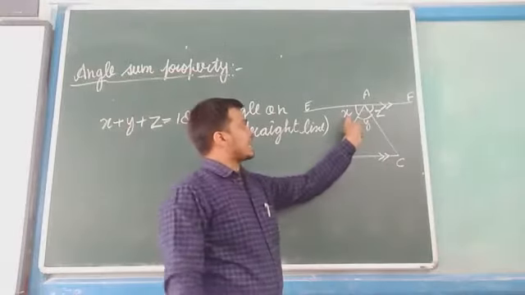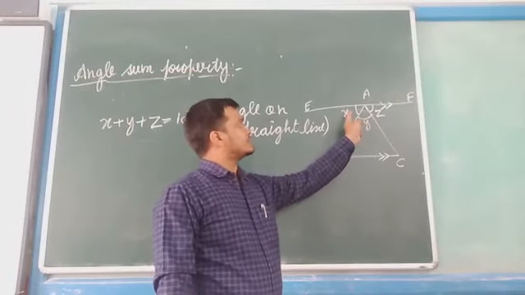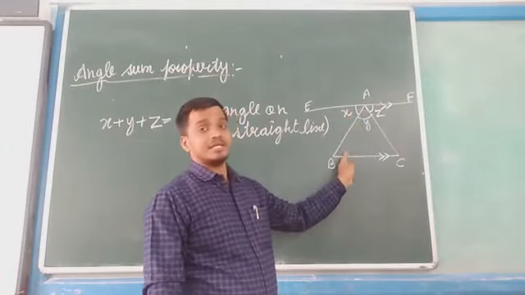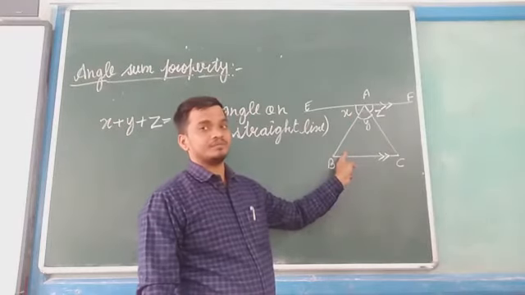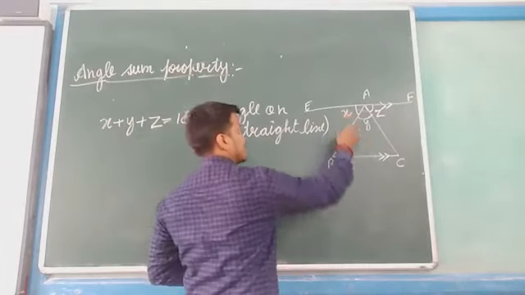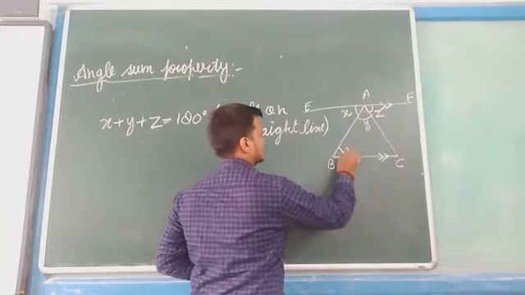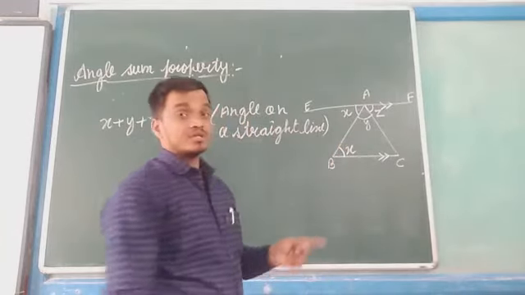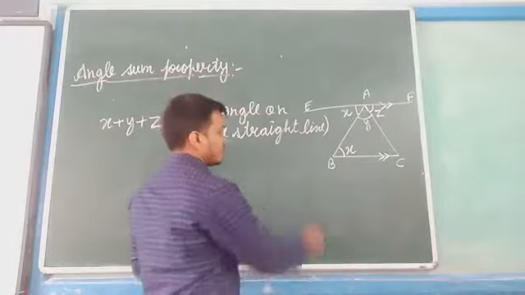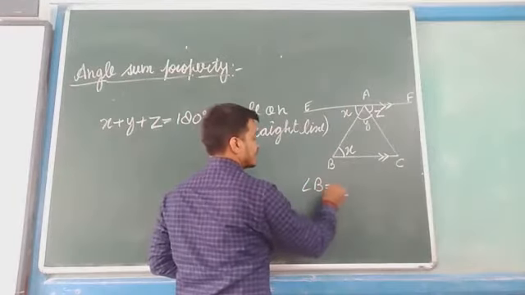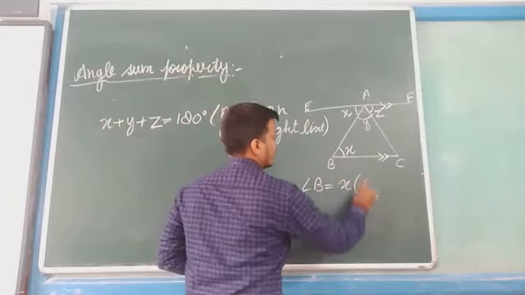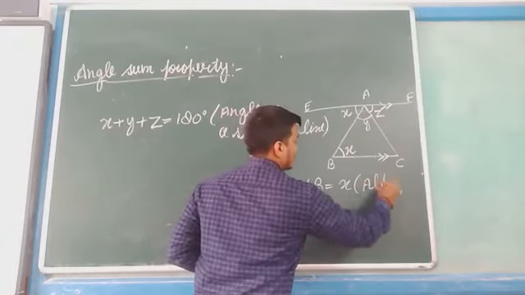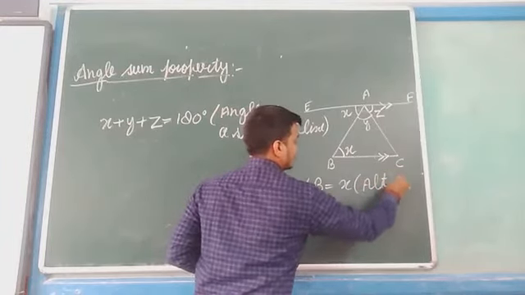So here this angle X is the alternate of the interior angle of angle B. This angle is X, so this angle will also be X, because they are alternate angles. So you can write that angle B is equal to X, because it is an alternate angle.